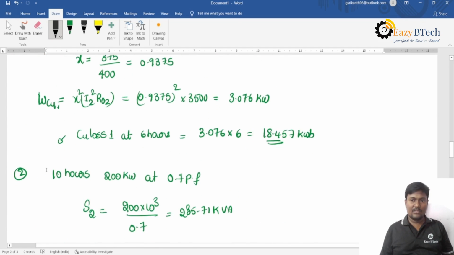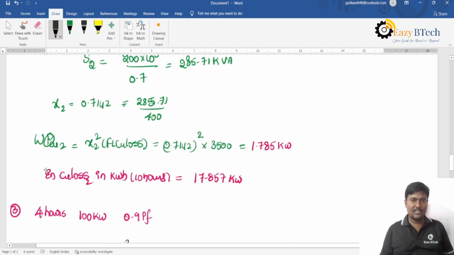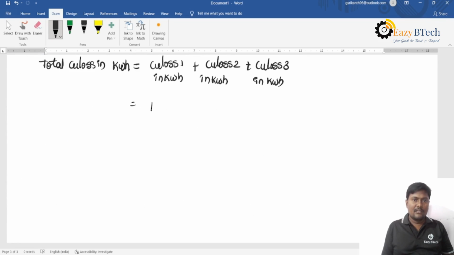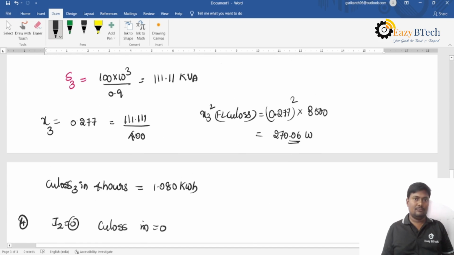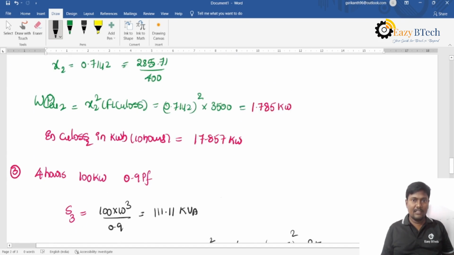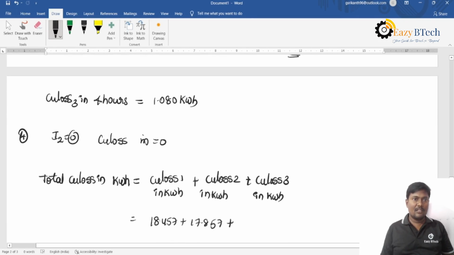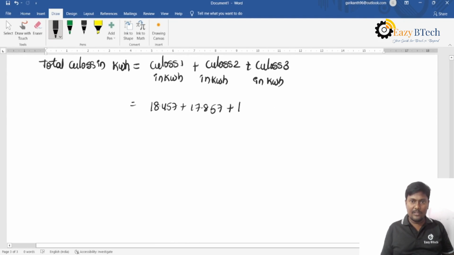The copper loss 1 is 18.457, plus 17.857. The copper loss in 4 hours is 1.080 kilowatt hour.